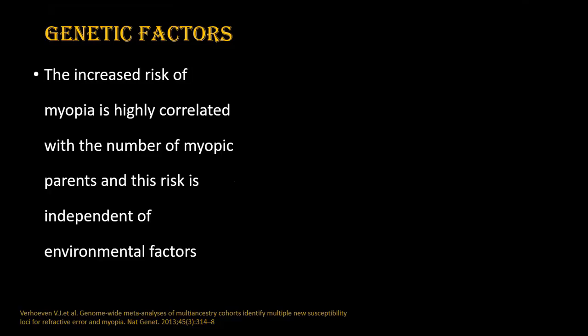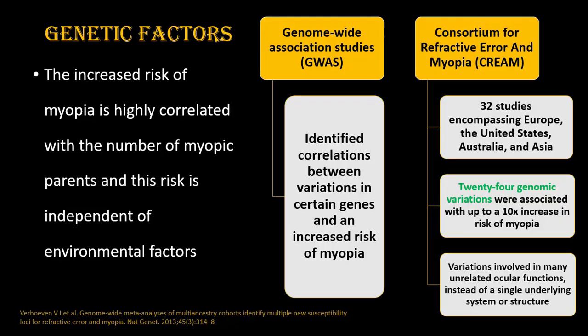Genetic factors: the increased risk of myopia is highly correlated with the number of myopic parents, and the risk is independent of environmental factors. According to genome-wide association studies, correlations were identified between variation in certain genes and an increased risk of myopia. The CREAM study encompasses 32 studies, including Europe, United States, Australia, and Asia. 24 genomic variations were associated with up to 10% increase in risk of myopia.